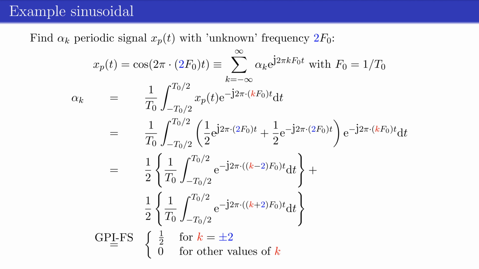This leads to the result that the spectral content of the periodic signal xp of t, cosine 2 pi times 2 f0 t, is 0 for all frequencies except for the frequencies plus or minus 2 f0, where the spectral content is given by the values alpha 2 and alpha minus 2 is 1/2.